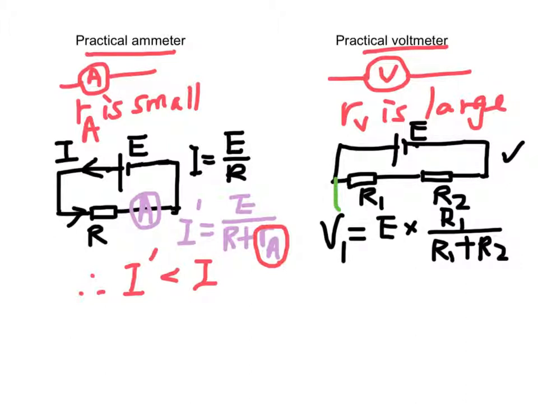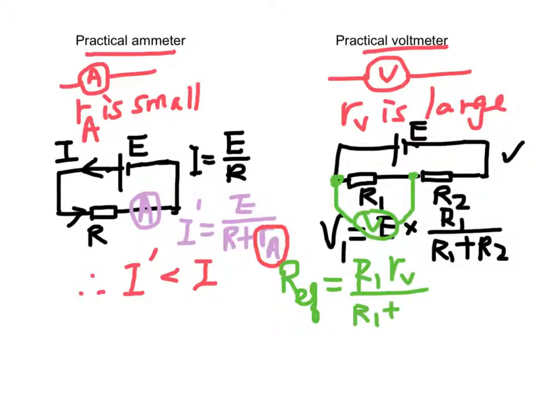If we put a practical voltmeter across R1 in order to measure its voltage, the equivalent resistance across R1 would be equal to R1 times the internal resistance of the voltmeter over R1 plus the internal resistance of the voltmeter, which will be smaller than R1.